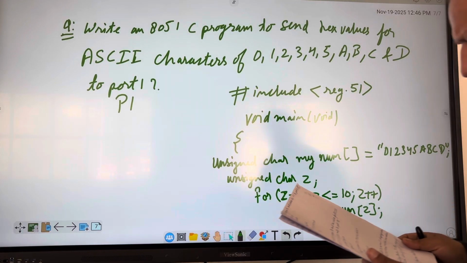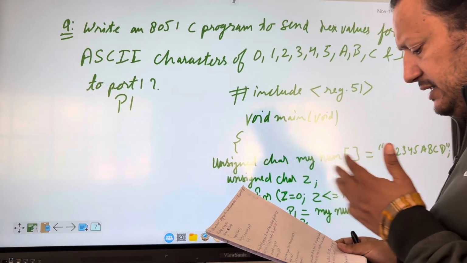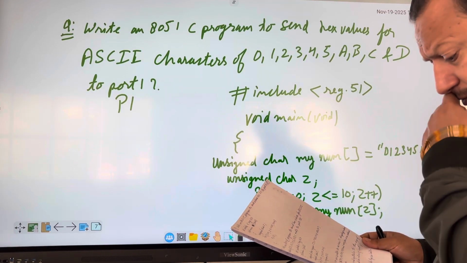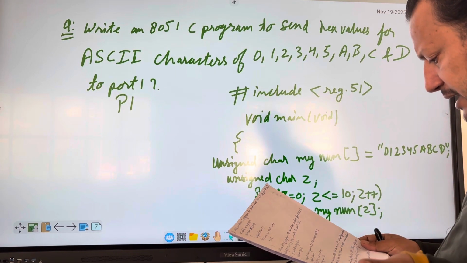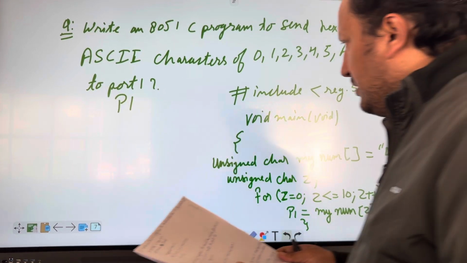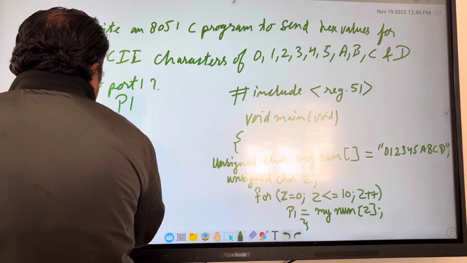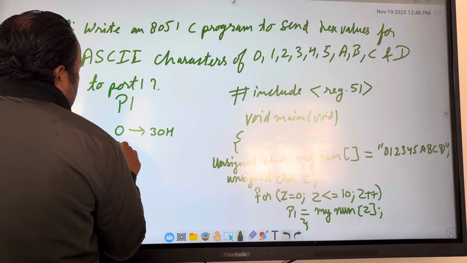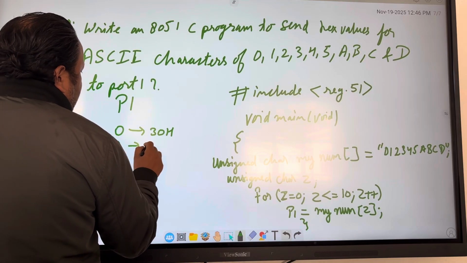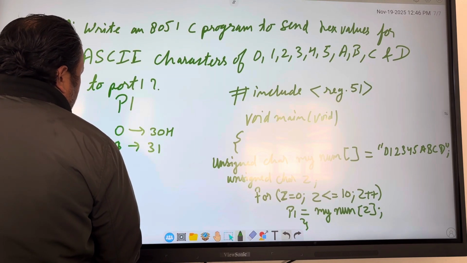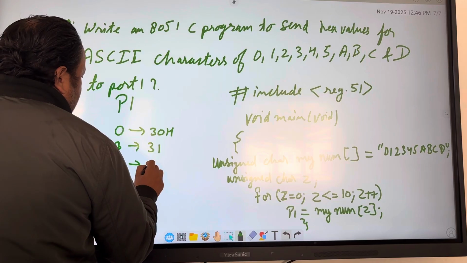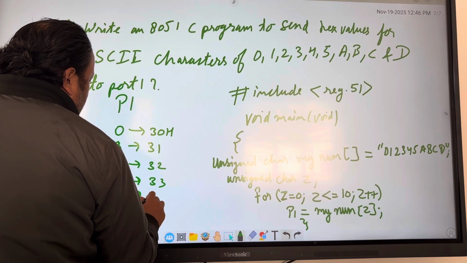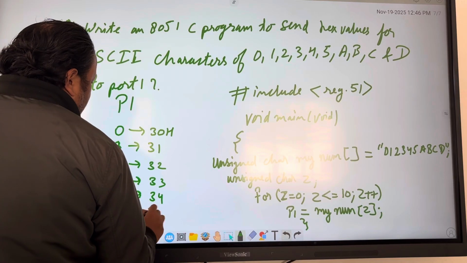So let's say the hex values of all these characters are, right, 0, 1, 2, 3, 4, 5. For the numerical values, the hex value for 0 is 30H. For 1, the hex value will be 31, then 32, 33, 34, 35.